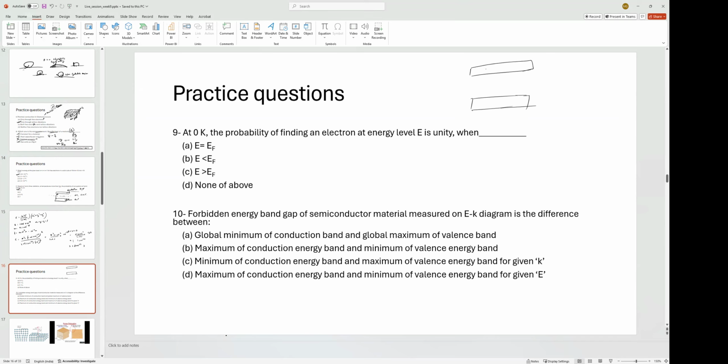The valence band is completely filled with electrons at 0 K, and your Fermi level lies here.